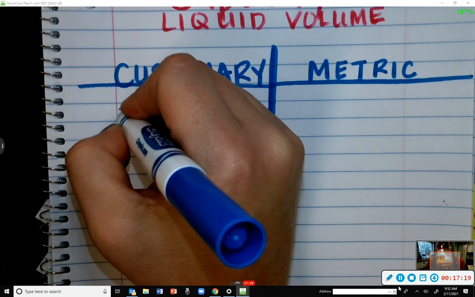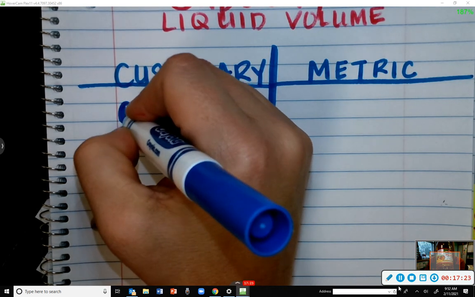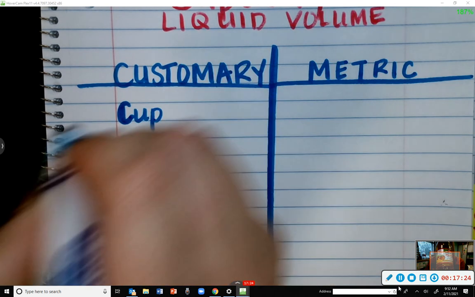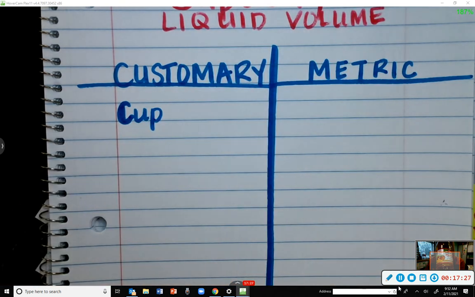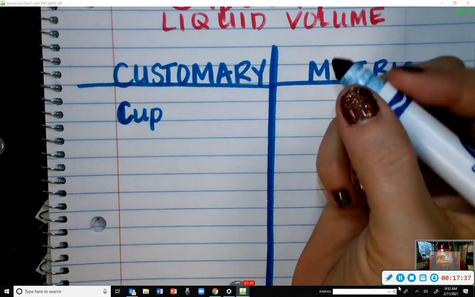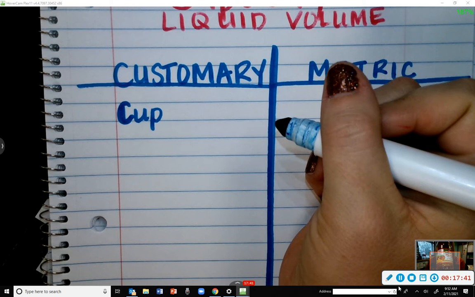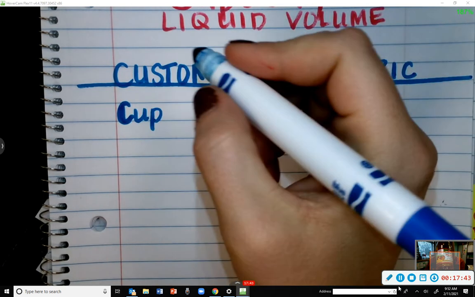So a cup, or just put cup instead of the number. So a cup, what can we draw to represent a cup? What did we use this morning? Kelsey? We could use a mug, like a coffee cup. You could use a coffee cup, and then this morning, but what did you guys drink out of? The milk carton from the cafeteria.